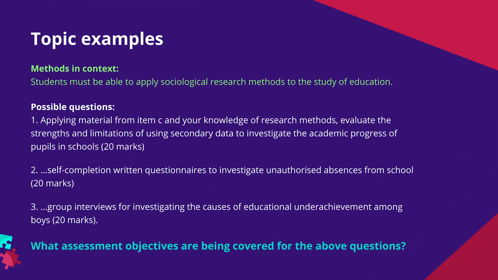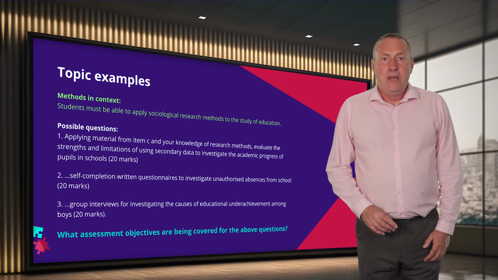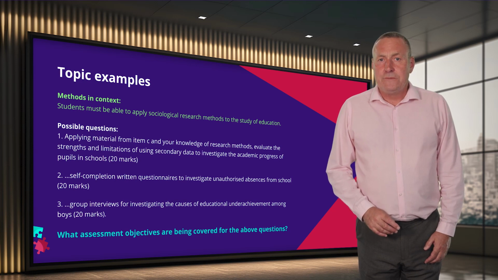Research methods used by sociologists are assessed in the context of an education setting. Here are 3 examples of this style of question, which are assessing all 3 assessment objectives as well as referring to the subject specification content. Consider the questions posed.